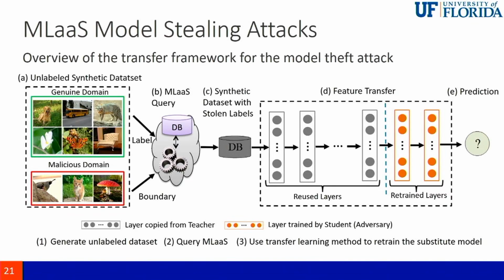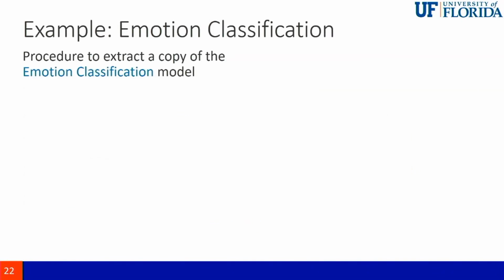In our case, we normally train the last 2 layers, or sometimes 1 layer, a fully connected layer. In that way, we generate a model that has very similar behavior to the machine learning model in the cloud.